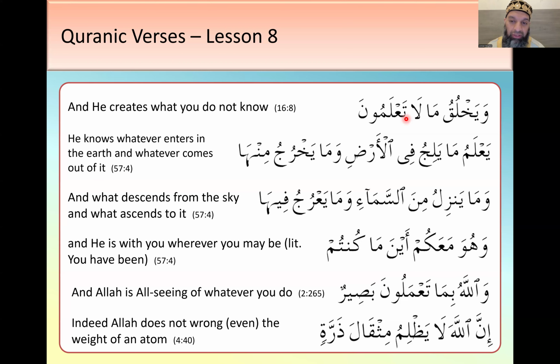What's ta'lamuna mean? You all know, exactly. The ta is you, the una is all, and alima is ilm, to know. So you all know. What you all do not know. So, and he creates what you all do not know. Can you see it?